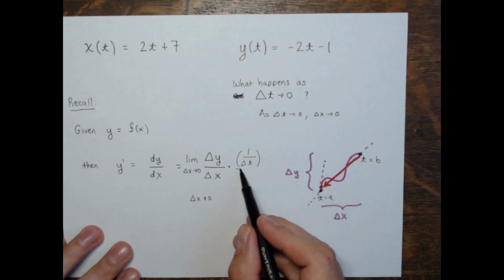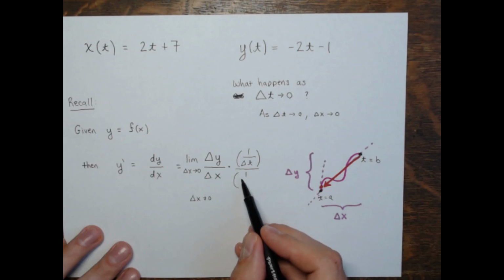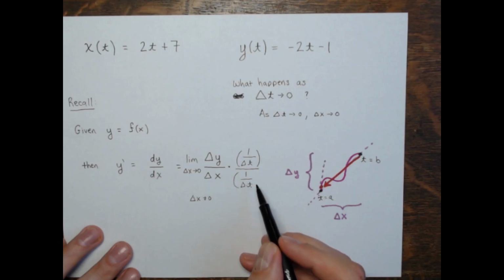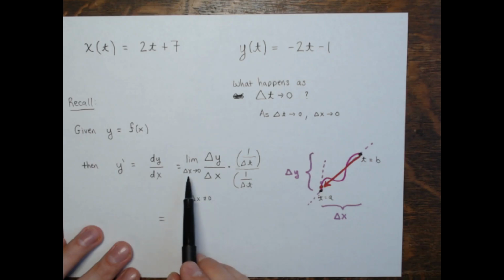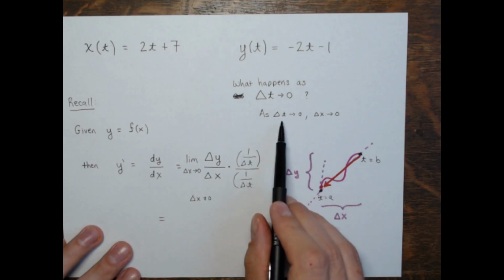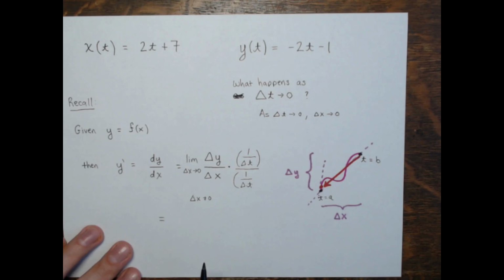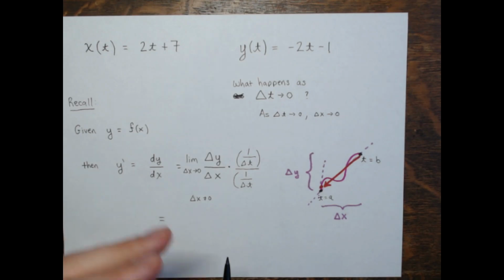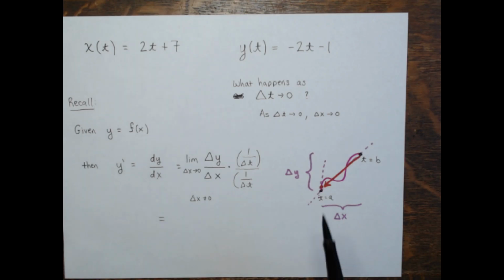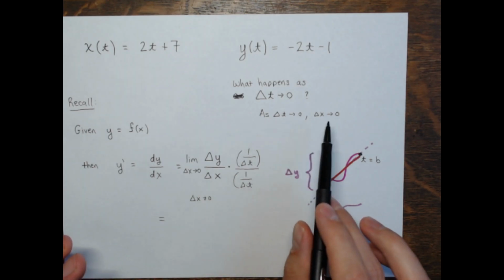We'll be at different locations. Same thing down here, 1 over delta t. And as I mentioned, delta x approaching 0, you can say is coming from delta t approaching 0. Not necessarily, but we're just going to focus on that moment.